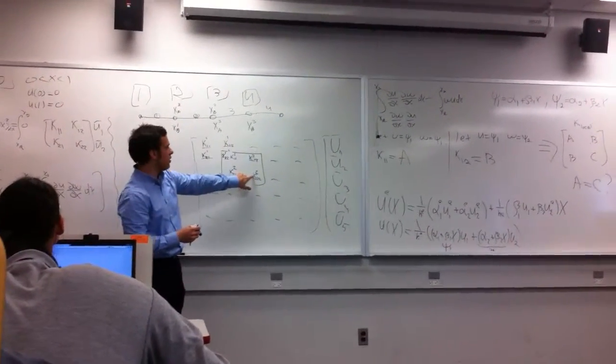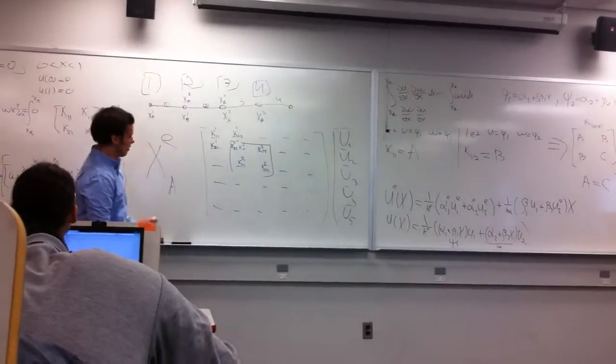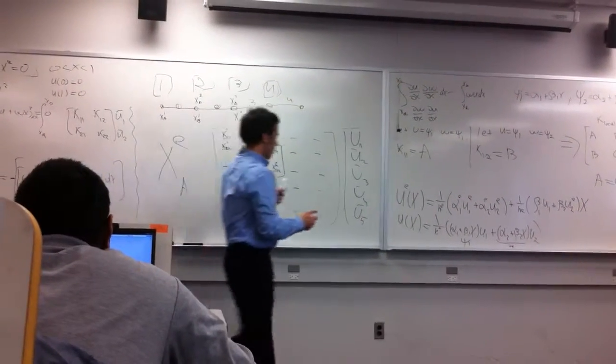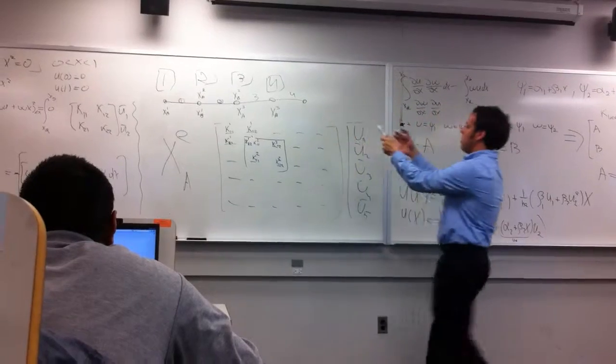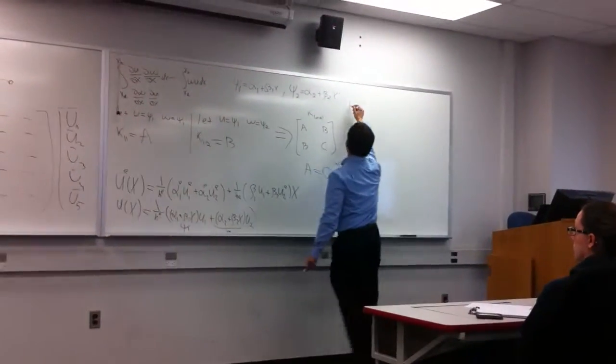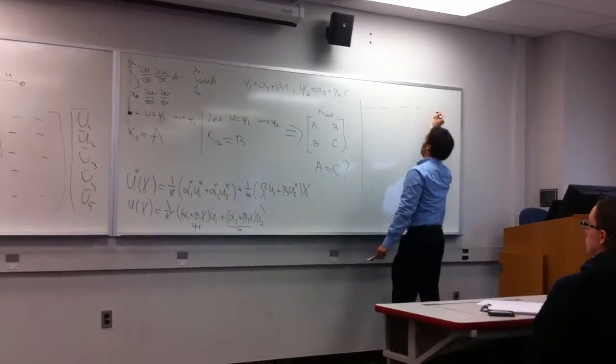It's going to be plus K. So if I wanted to start with my second element, I would have this 5 by 5 matrix: 1, 2, 3, 4, 5.